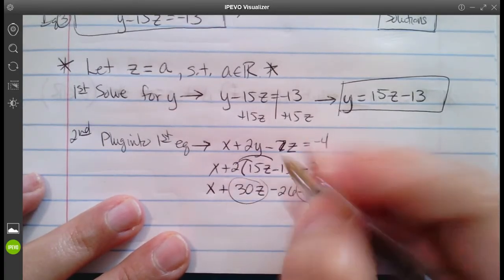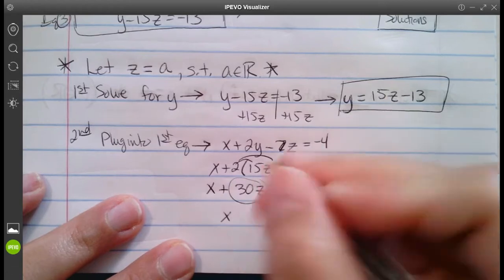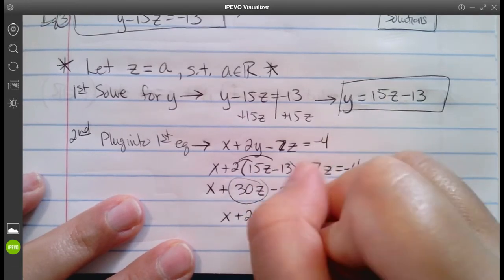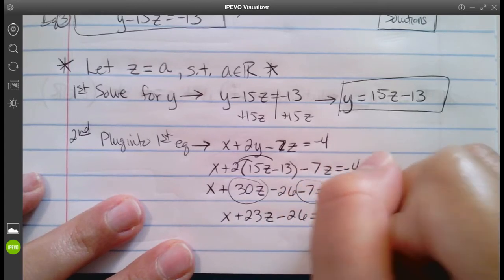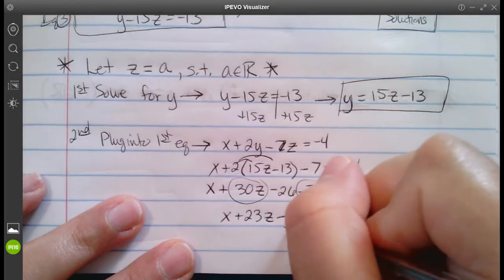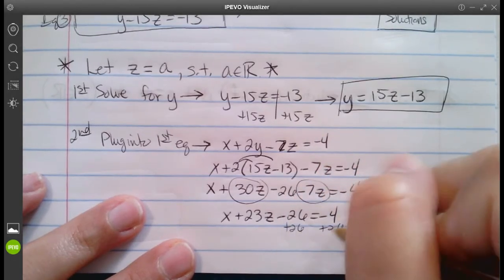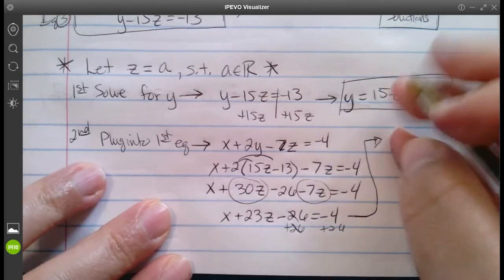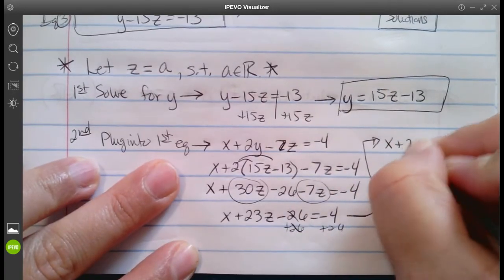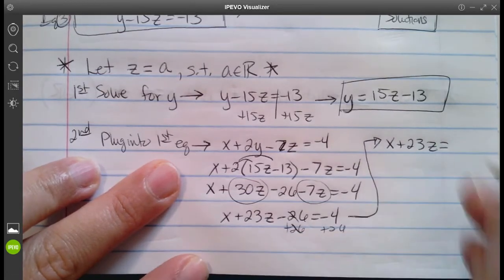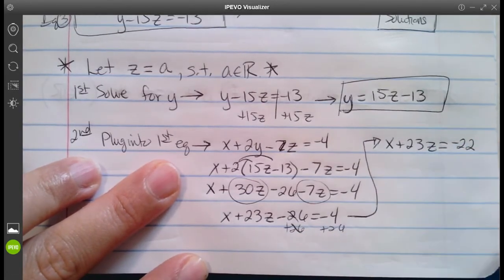Combine like terms, so that gives me x plus 23z minus 26 equals negative 4. I'm going to run out of space here. Move the 26, so plus 26 to both sides. Let me work up here because I need this space right here. That's going to give me x plus 23z. Negative 4 and 26 is negative 22.